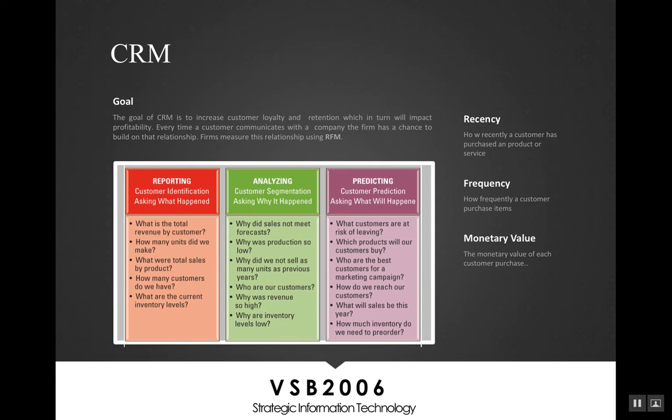Why did sales not meet target? Why was production so low? Who are the customers? These are all critical questions that companies need to know, and the functionality of a CRM system is designed to provide the information to answer those questions.